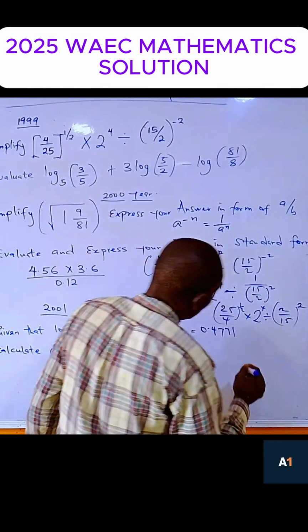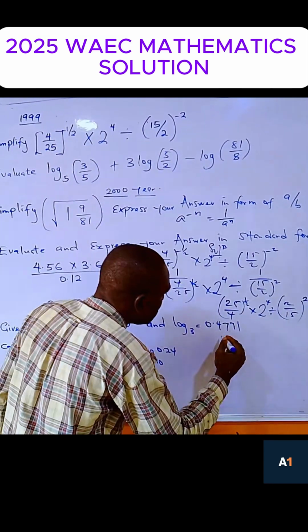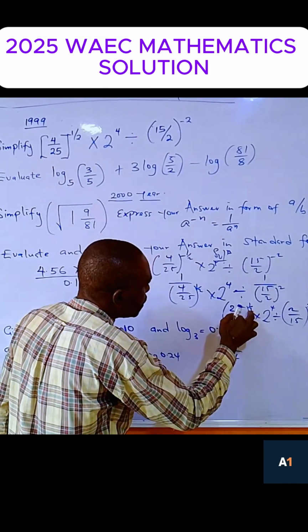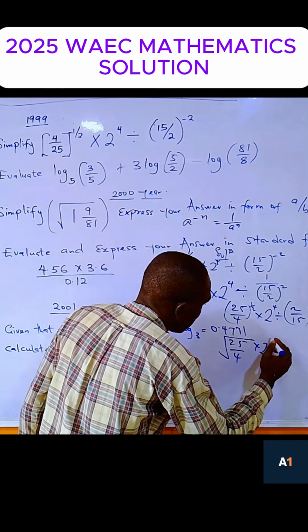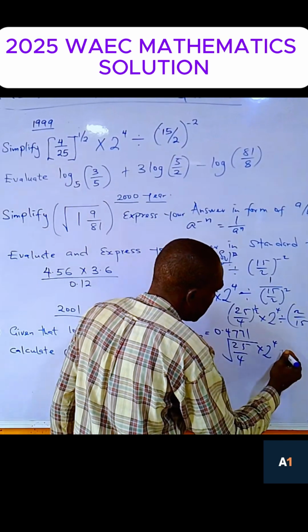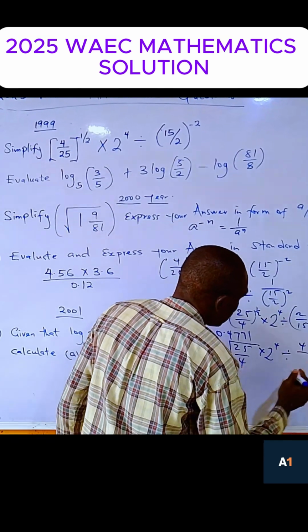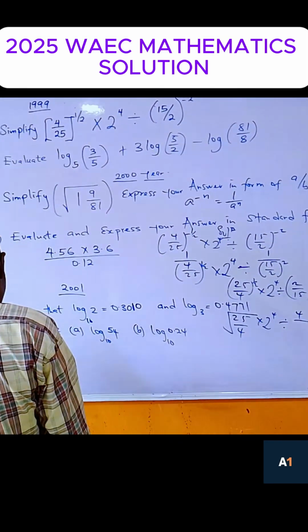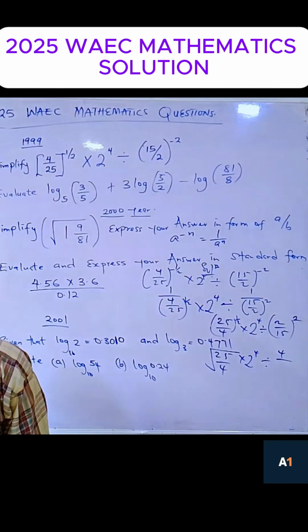Now, if you look at this critically, it means 25/4 to the power half, so you have the square root of this, then times 2 raised to power 4, then divided by 4/225, since 15 times 15 is 225.